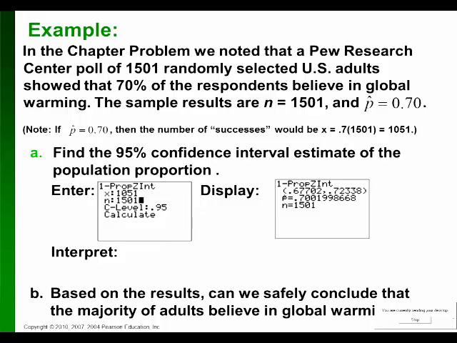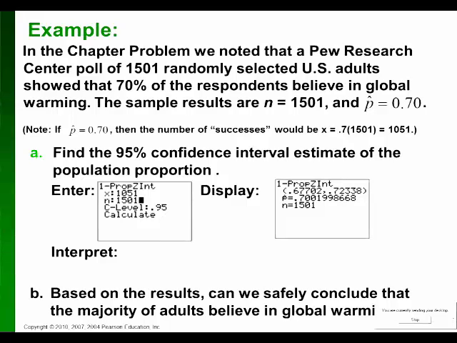Let me double check. No. You have the same X and N. X, I think, is right, the 1,051. N is supposed to be 1,501. This problem is tricky because it's easy to overlook. Those aren't the same two numbers. All right, does anyone else not yet have this on their screen?